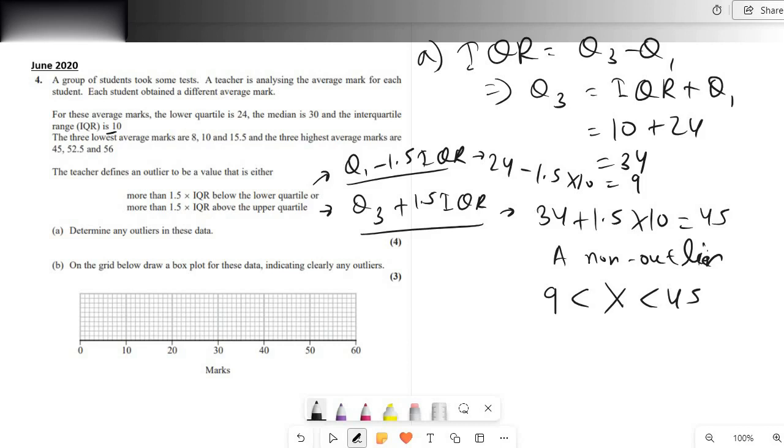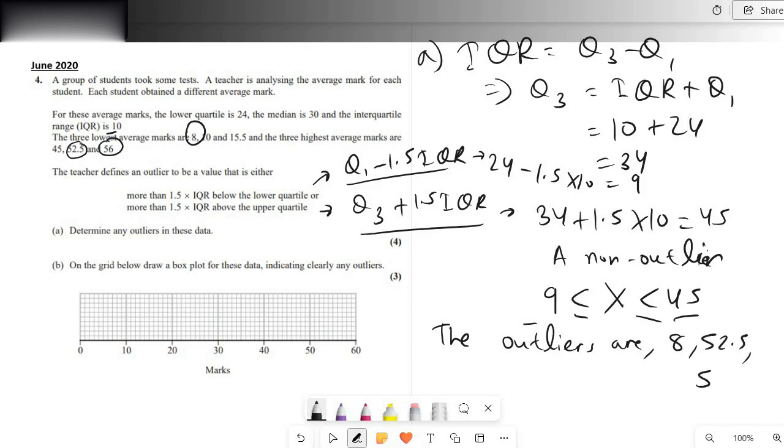Here you can see that 8 is less than 9, and similarly 52.5 and 56 are both greater than 45. Therefore, we can say that the outliers are 8, 52.5, and 56 because they are not within the range. And this is our answer for number A.